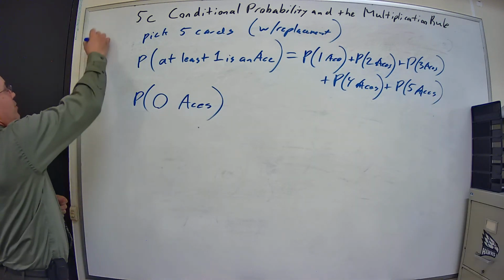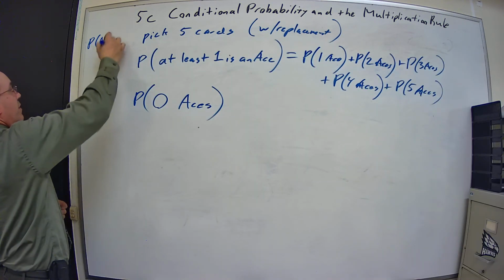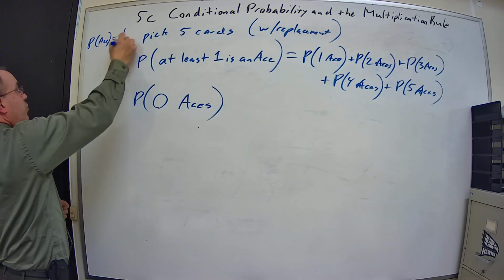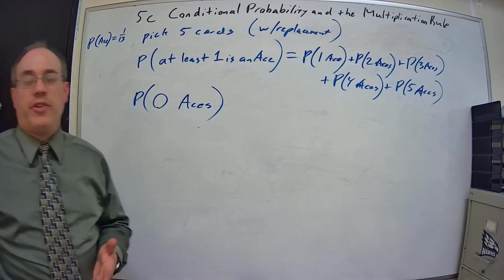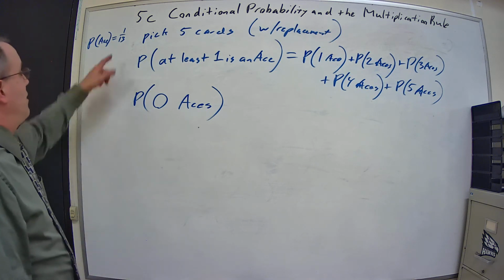I know the probability of selecting an ace is 1 out of 13. We already covered that, right? 4 out of 52 or 1 out of 13.